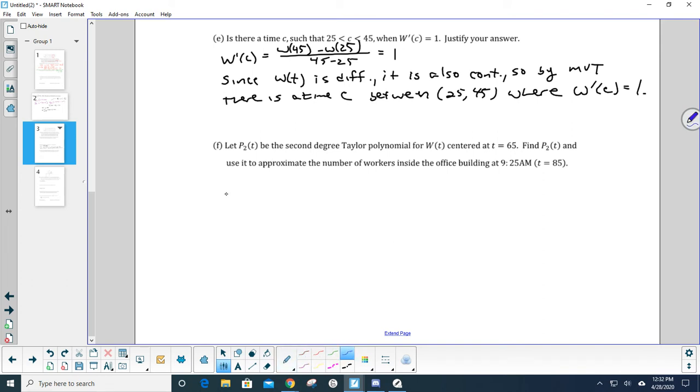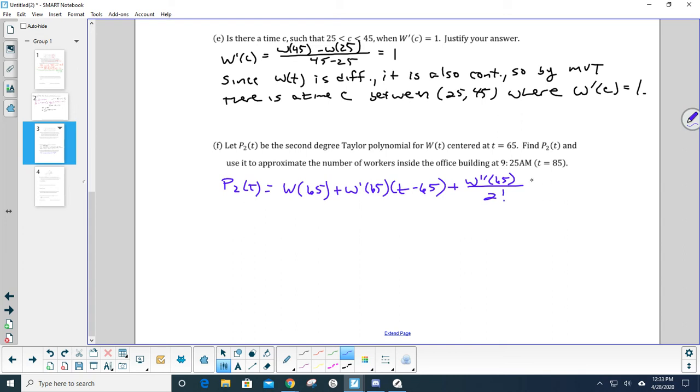Okay, so P2 sub T is going to equal W65 plus W prime of 65 times T minus 65 plus, this looks familiar like off that chart, doesn't it? Mm-hmm.